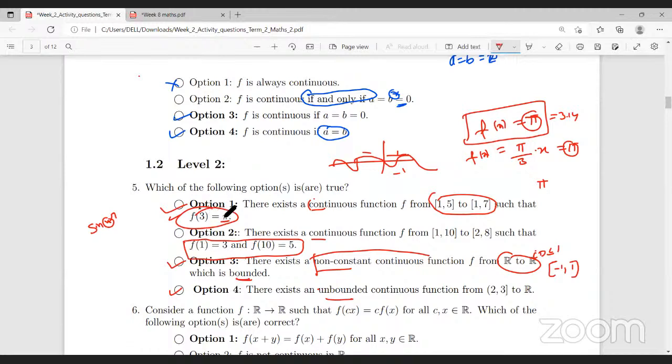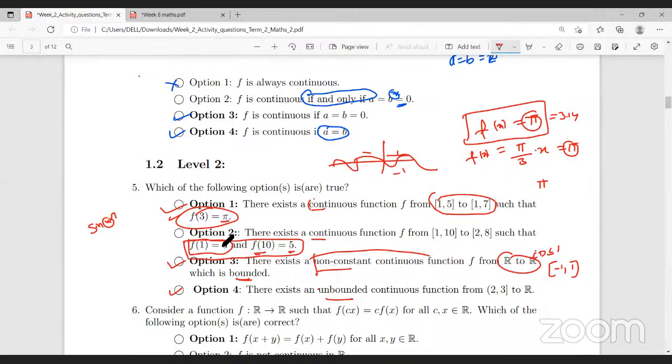In the first option we can consider a constant function only, but then f of 10 will not be equal to 5. If you consider f of x equals 3, only then this condition is satisfied. So it is not a constant function. It must be a variable function, but what is the function? We have to think about that function.